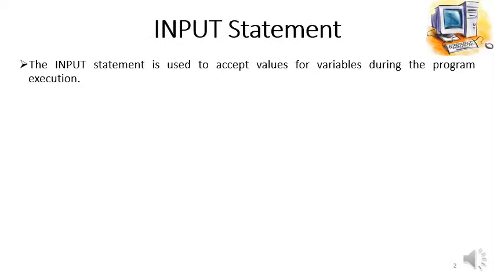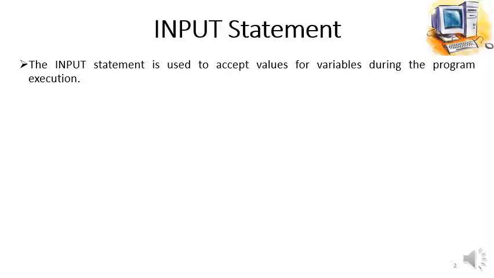Now, input statement. The input statement is used to accept values for variables during the program execution. There are two ways to assign values to variables in a program. The first way is to assign a specific value or a constant value to a variable in the source code. While writing the code, we used to assign values to variables, like if for example I say let a is equal to 10.